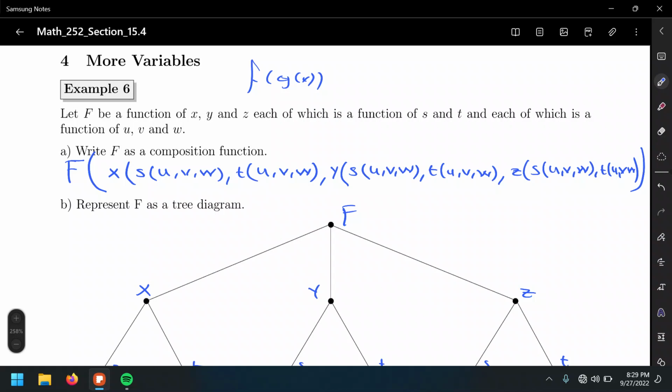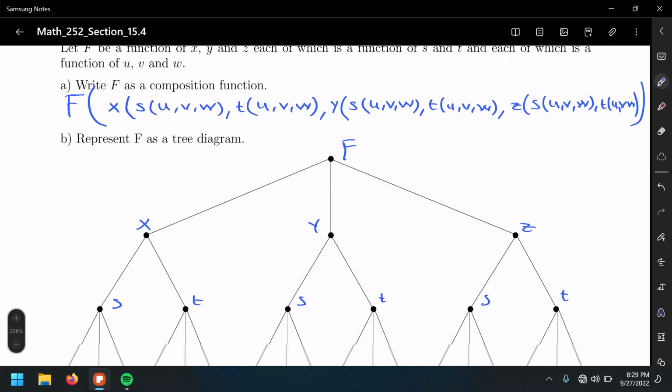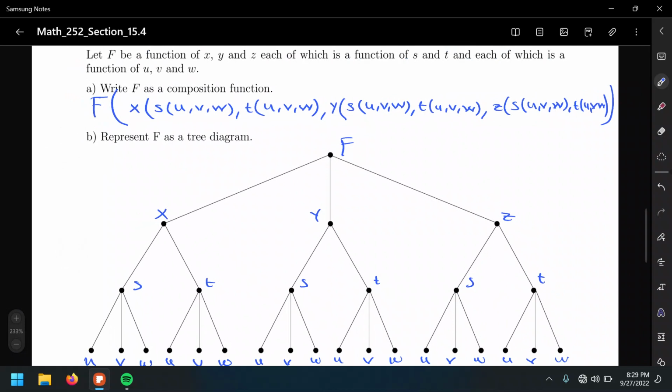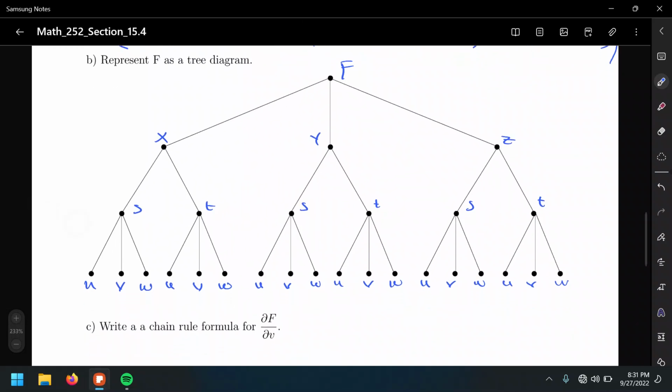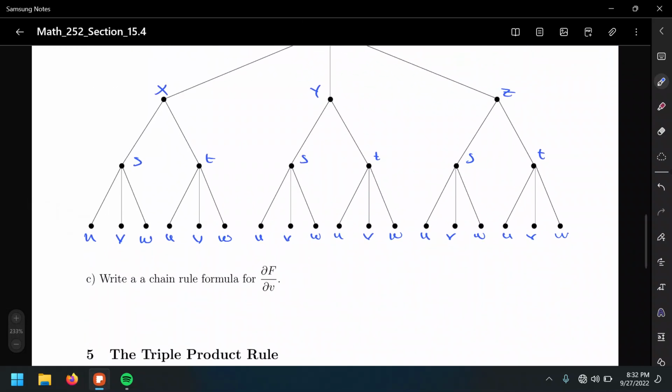So let's see what's next. They're asking us to find a chain rule formula for the partial of f with respect to v.